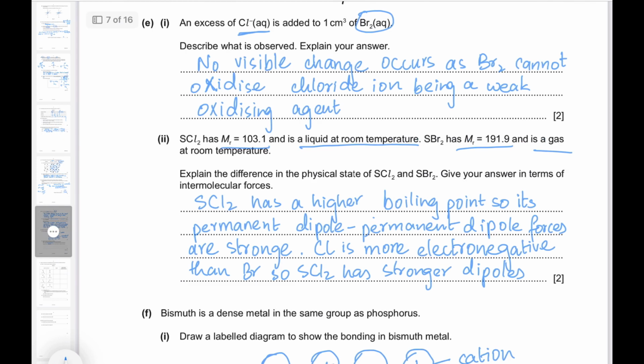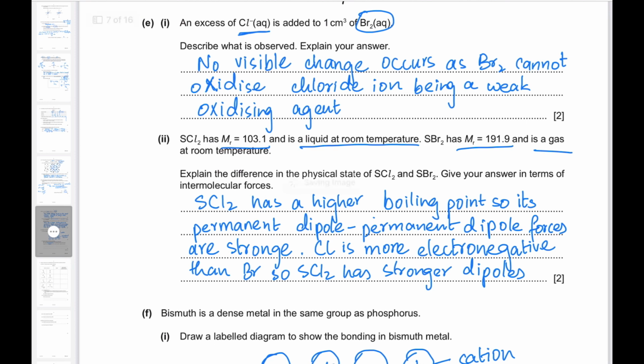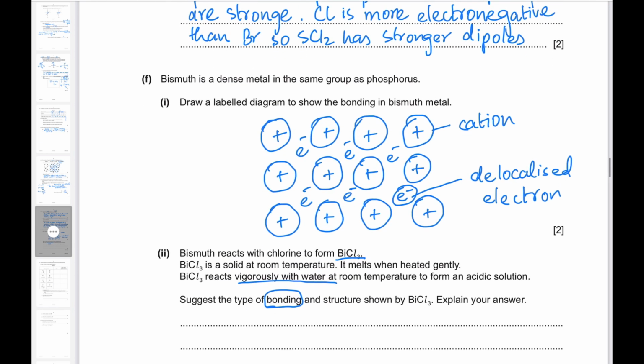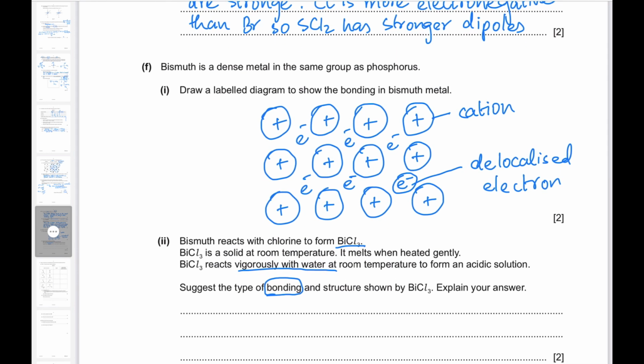We would use the same reasoning in the last answer to deduce that its bonding is covalent as well, and because it melts easily when heated gently, this means it has a simple molecular structure.